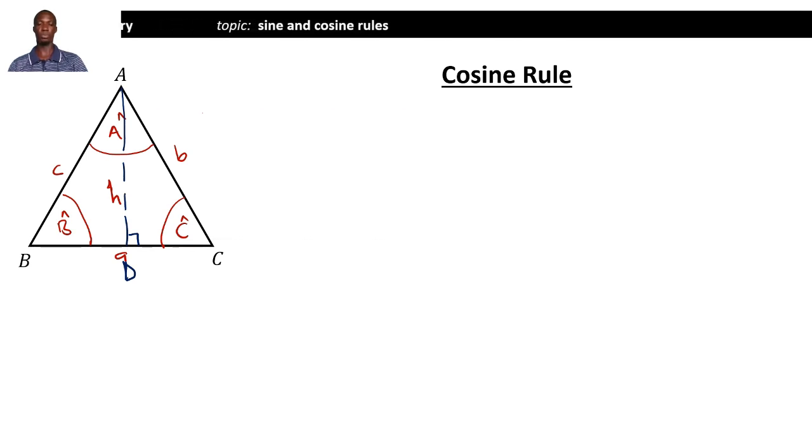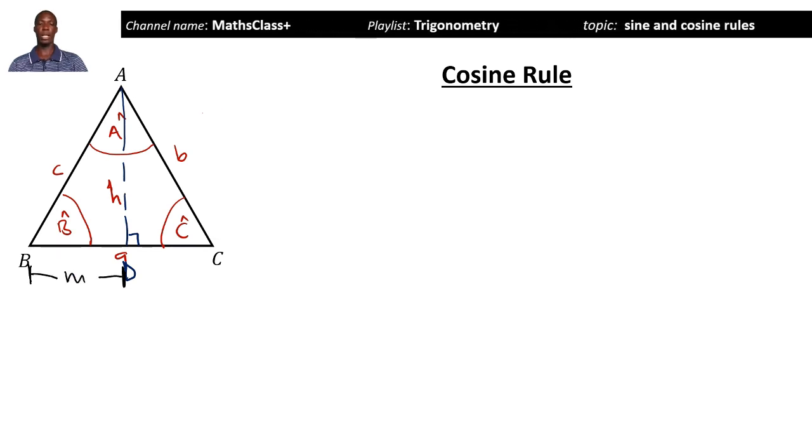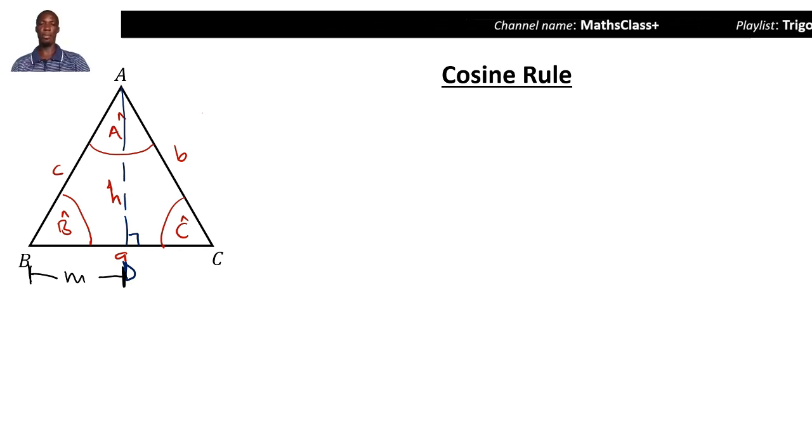And so we are going to represent the length BD with M, and then the length DC, we know that BC is A. So if BD is M, then when we subtract M from A, the remaining will be the length DC. So A minus M here gives us the length DC. I hope this is understandable. Okay, so let's continue from there.